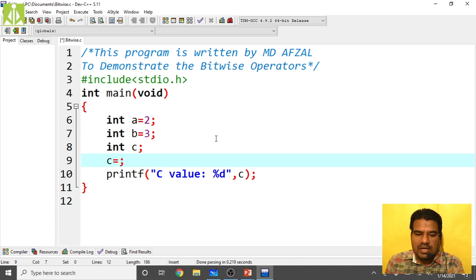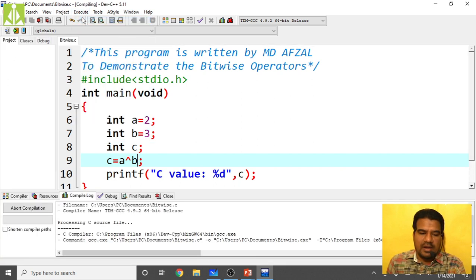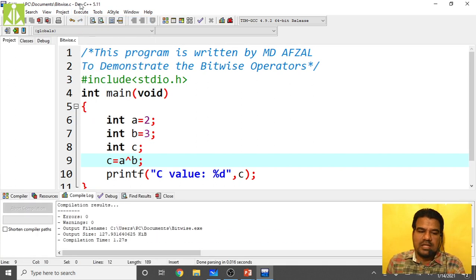Now what I am doing is a XOR b. The a value is 2 and the b value is 3, so we are simply doing the XOR operation between 2 and 3. Now you see the output, and I will explain how we are getting that output.